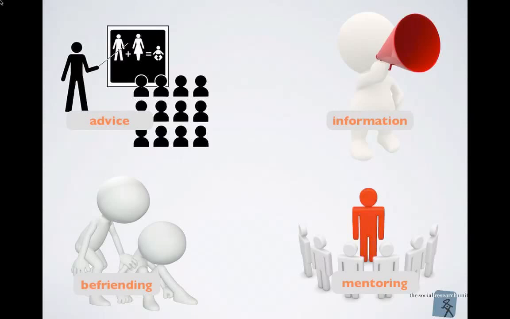Befriending involves establishing a trusting relationship with someone, gradually getting to know them, and eventually offering practical and emotional help. However, mentoring goes further. It involves working alongside someone and helping them with a particular course of action through a mixture of regular feedback and, as a role model, demonstrating a desirable behaviour.